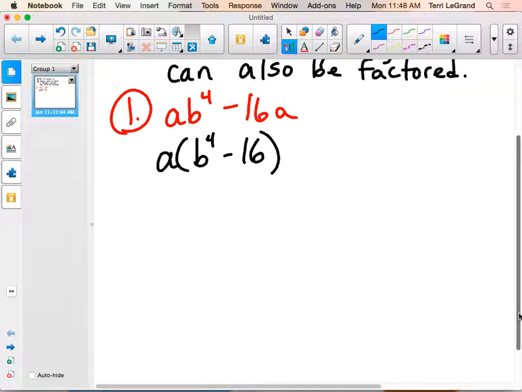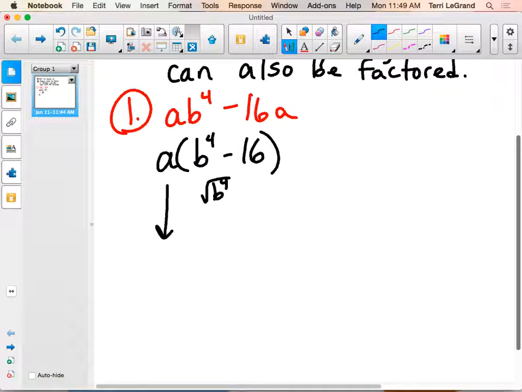Okay, now this is like Friday. We would say, oh, that a, we'll arrow it down because we know we can't leave it out at the end. But now we're going to factor that resulting factor. It's a how many term polynomial? 2. Does it have subtraction? Yes. Are b to the 4th and 16 squares? Yes, so we can do our work for the difference of 2 squares.